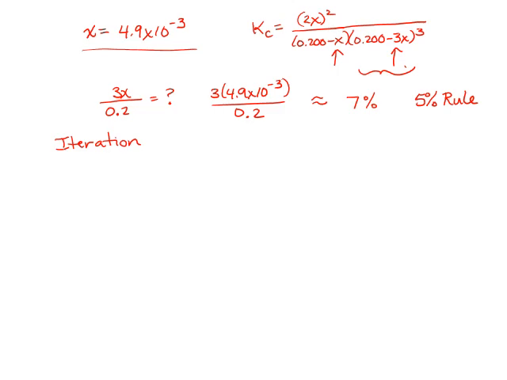What we're going to do now to get a better value of x is something called iteration. We're going to go back to our Kc expression and solve it for this x.